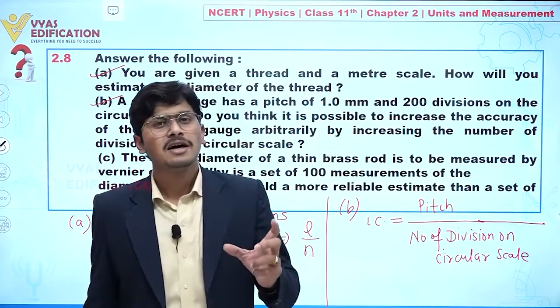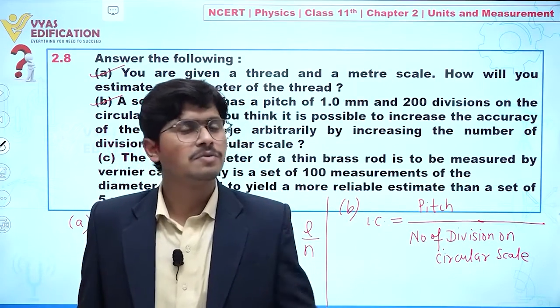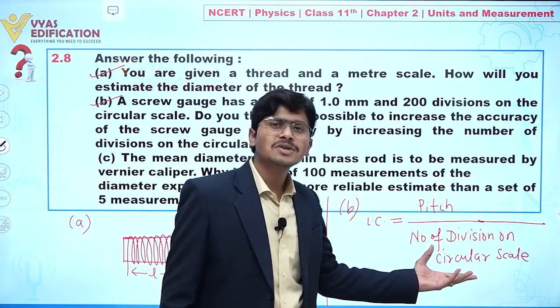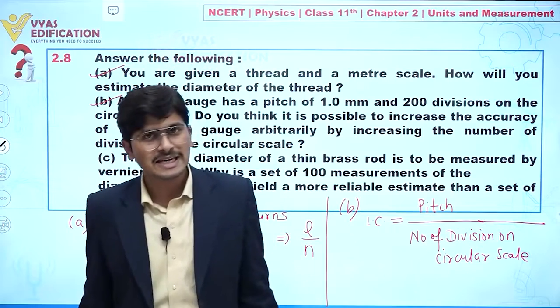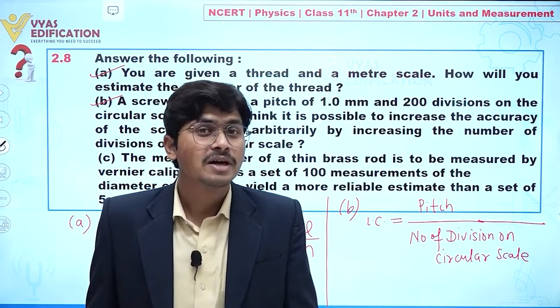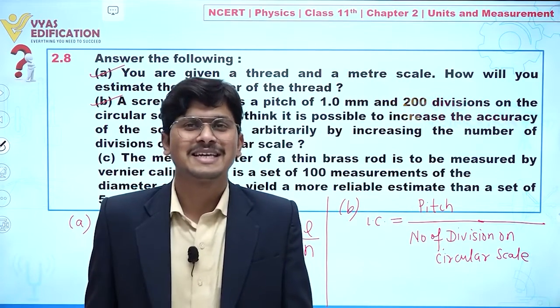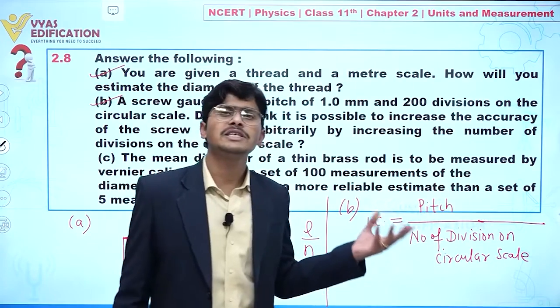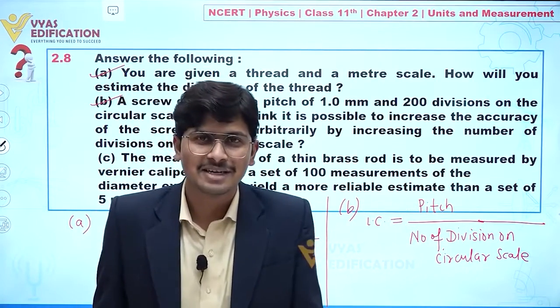We can see a particular object only. It means if we increase the total number of divisions on a circular scale, at that time it is very difficult for us to read the reading on this circular scale. So we can increase the number of divisions up to a certain extent only.